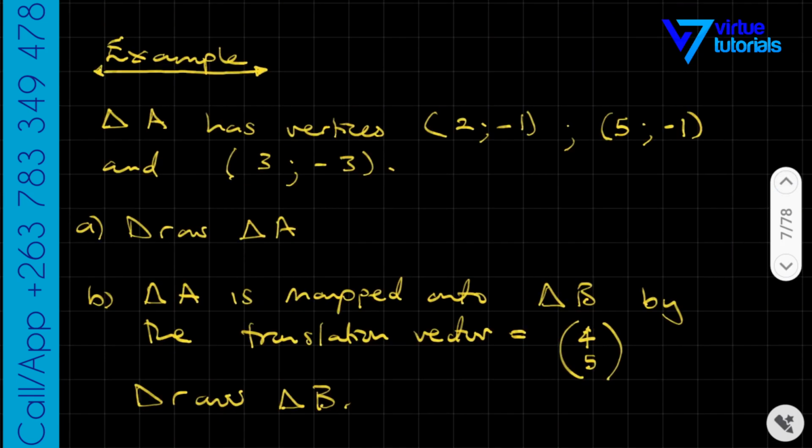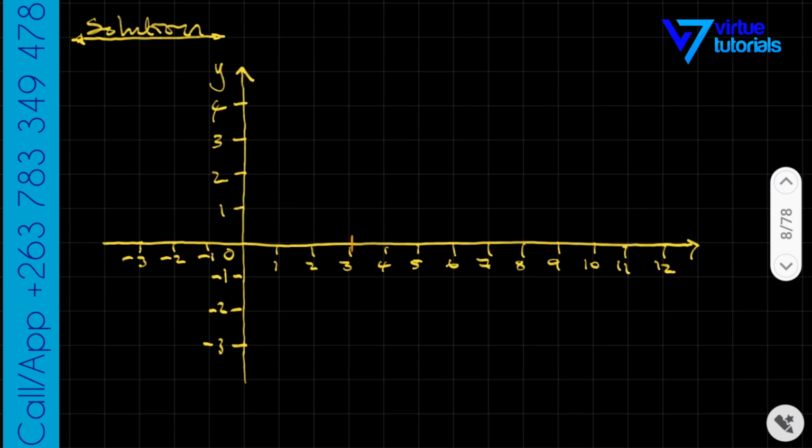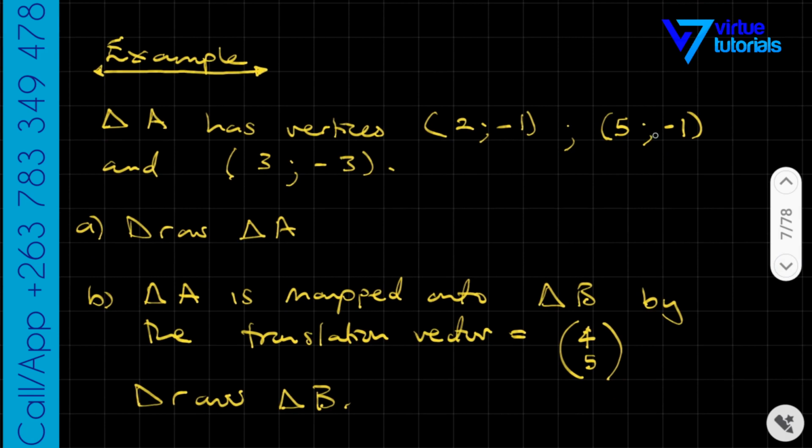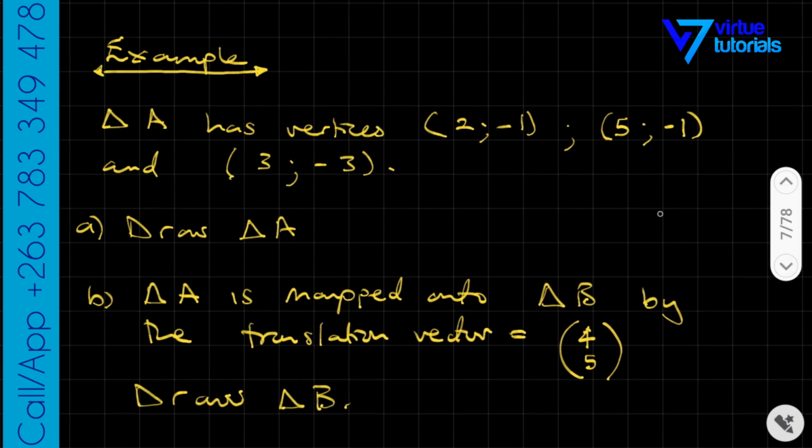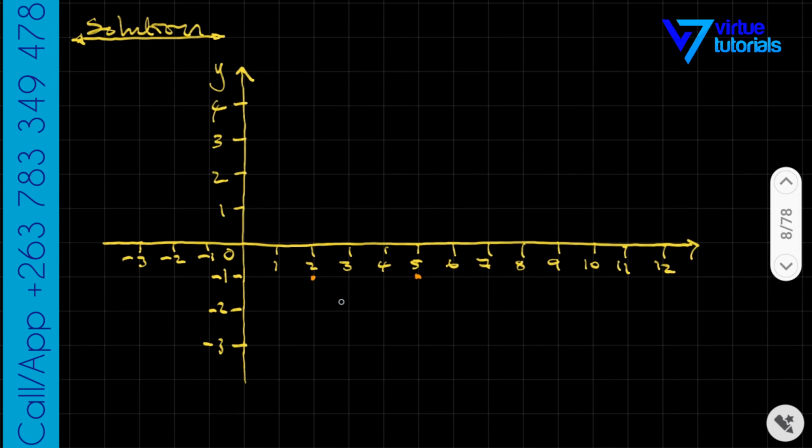Okay, so we've got another example. Triangle A has the vertices (2, -1), (5, -1), and (3, -3). Draw triangle A, right? So let's do it. So (2, -1), our vertex is there. (5, -1), our vertex is there. (3, -3), there we are.